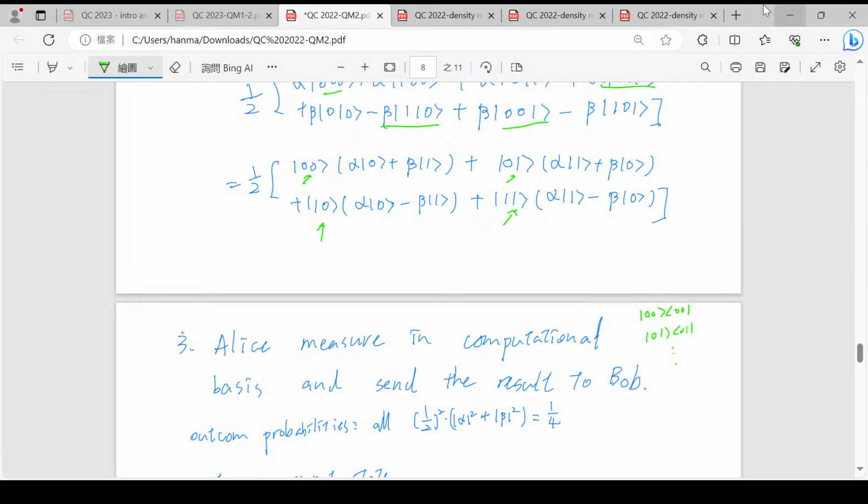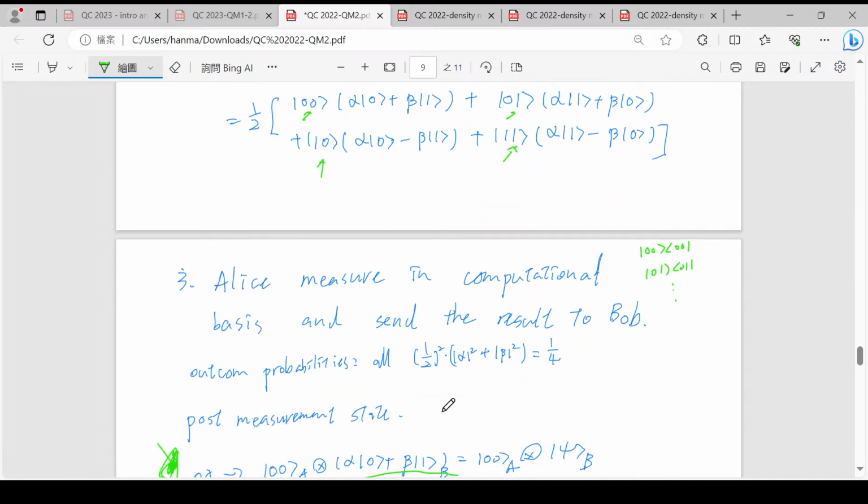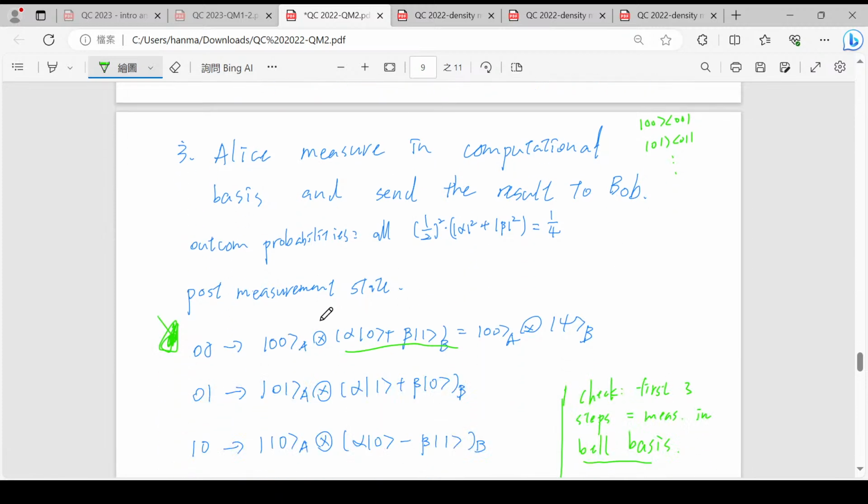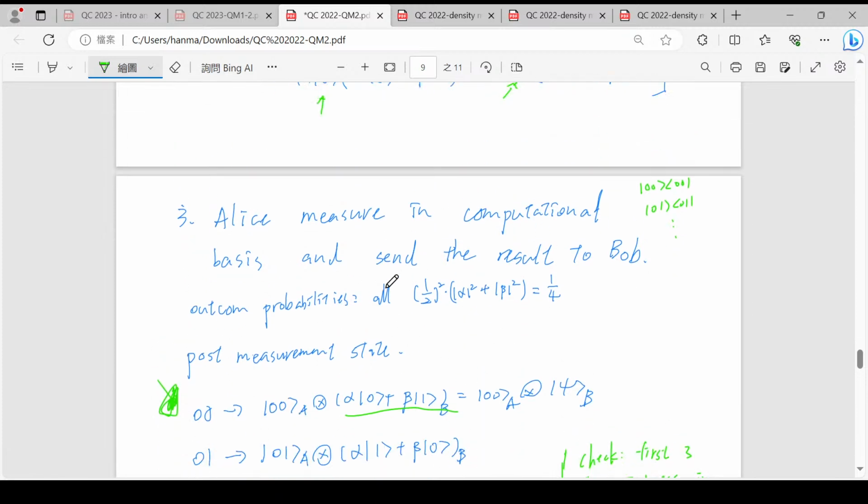Okay, and so obviously the first 2 qubits will get projected into one of those 4, and then you have some subnormalized state on the third qubit. That's 1 over square root 2 times either one of those 4.